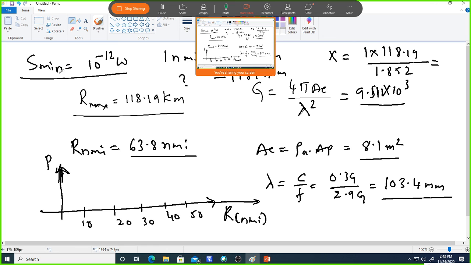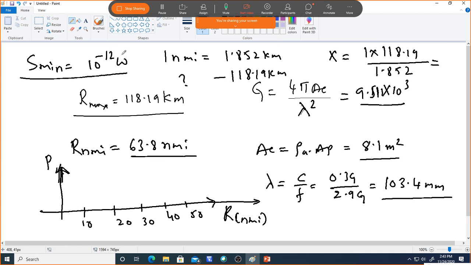So now we have minimum detectable signal 10 power minus 12 watt, right? We achieved the maximum unambiguous range as 63.8 nautical mile. Till this value you will get this minimum signal. If you go beyond that, you cannot detect the signal. So that's why 63.8 is somewhere here.